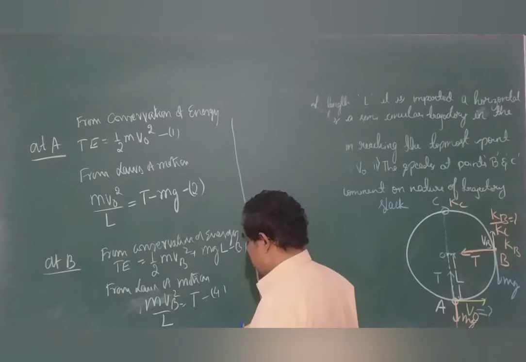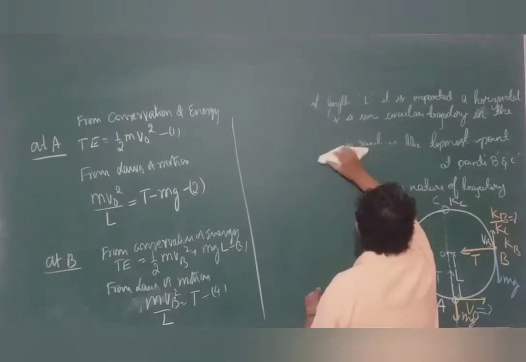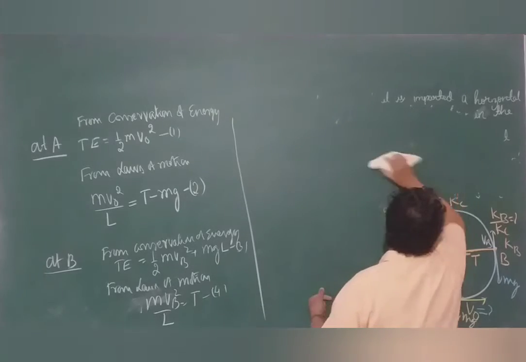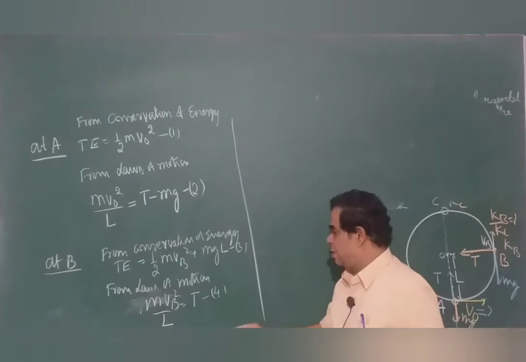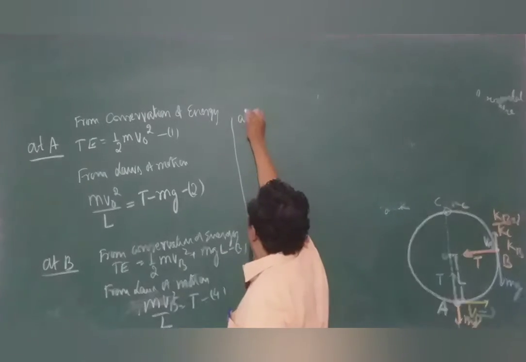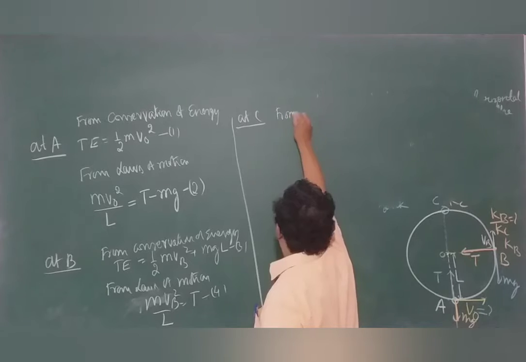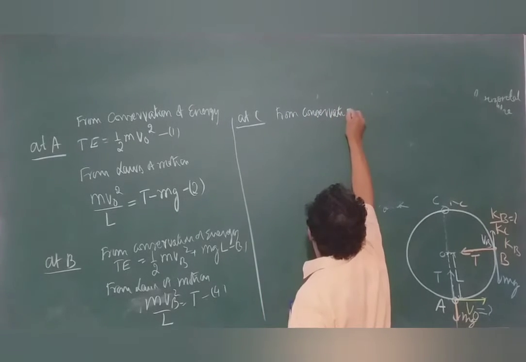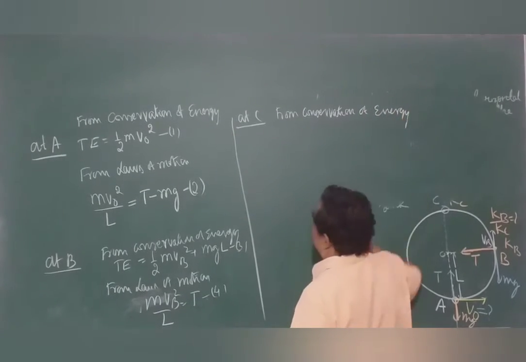We proceed further for at C. We write at C. Later on we think of how to solve for the given things. At C we write from conservation of energy.